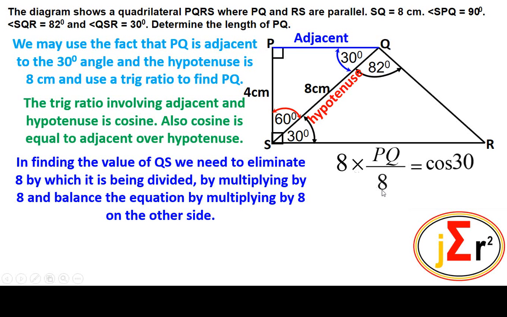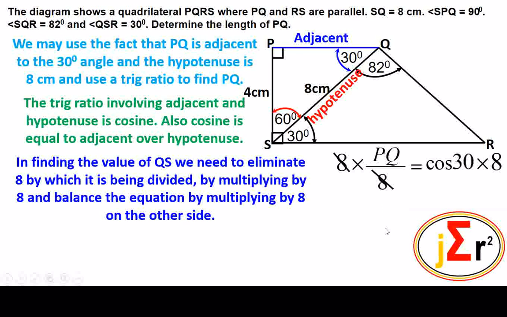We cannot just multiply one side of an equation by a particular quantity. We need to do the same on the other side in order to balance the equation. So we will multiply by 8 on the right hand side also. Consequently, the 8 that we are dividing by is eliminated by multiplying by 8, having a cancelling effect on each other right there.